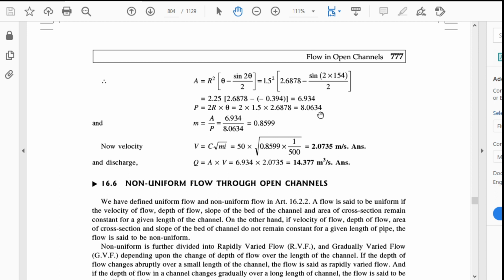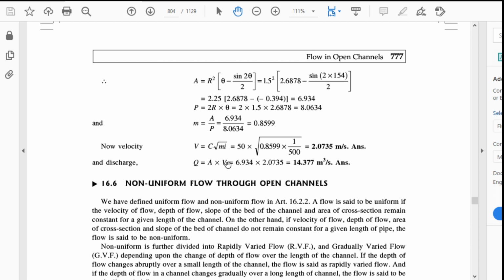Using this area value and perimeter value, you can find the hydraulic mean depth as before, by wetted area divided by wetted perimeter. The hydraulic mean depth is 0.8599.